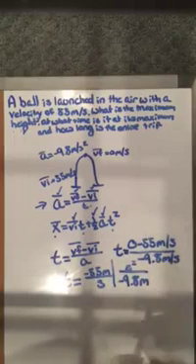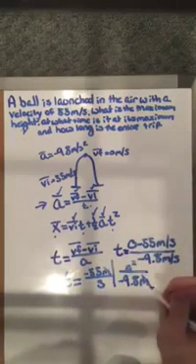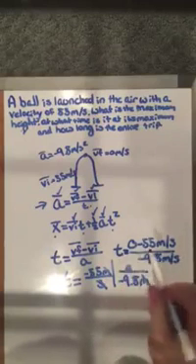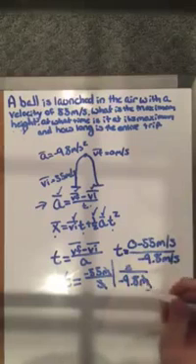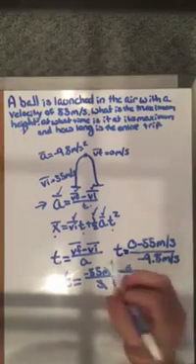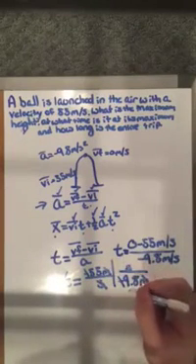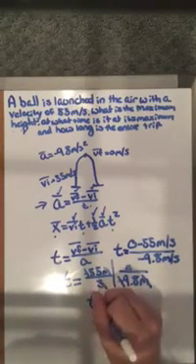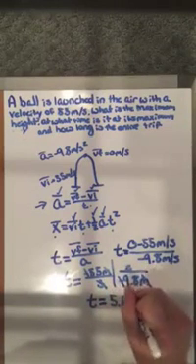In this dimensional analysis, we know that our meters will cancel out, as well as one of our seconds. So we will just be left with seconds, which is a good thing. Now, doing the math, negative 55 divided by negative 9.8, the negatives cross out, so you're left with 55 divided by 9.8. You should get time equals 5.61 seconds.